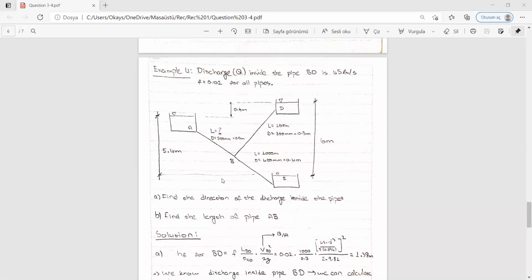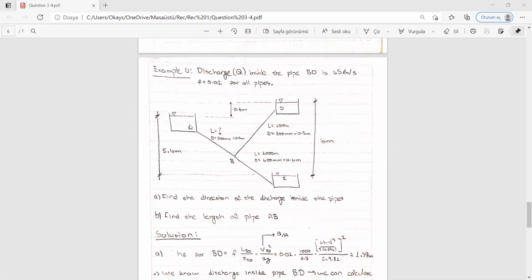In questions like this, the problem is we don't know the direction of flow, right? Because we don't know the total head at this point B. We know the head at these points, but we don't know the total head at point B. And as you know, the flow goes from higher head to lower head.